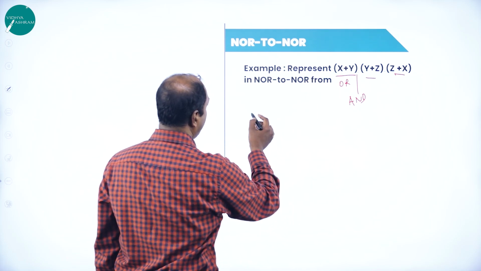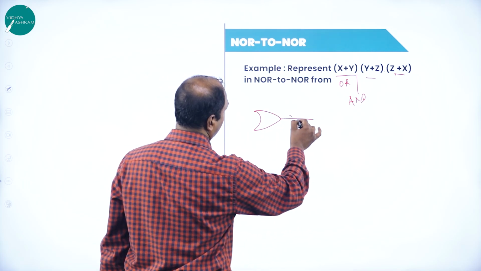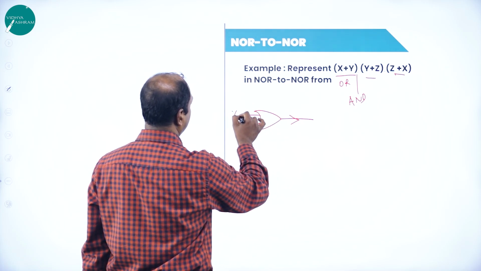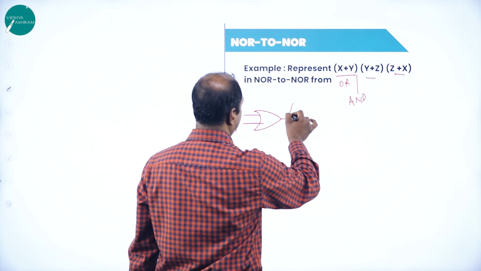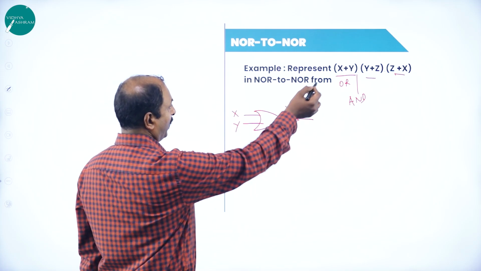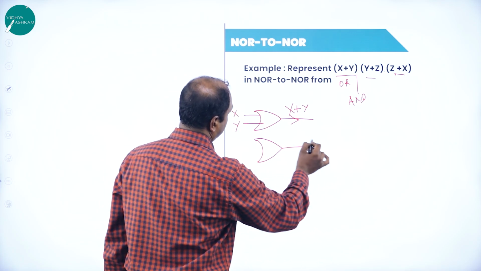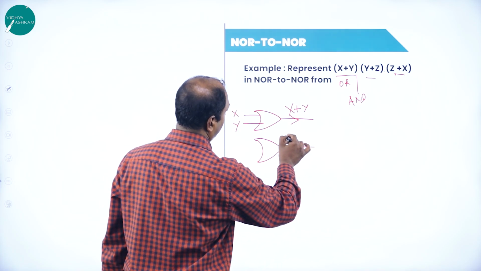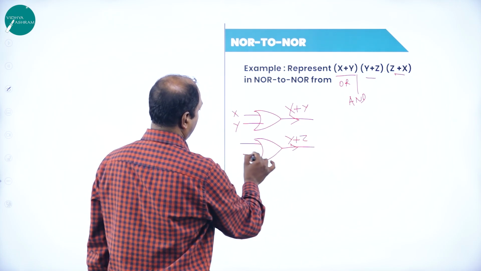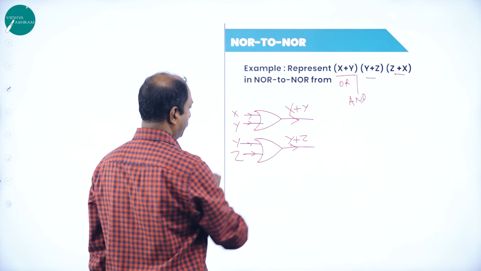The x plus y is an OR gate, with two inputs x and y. Again y plus z is one more OR gate, with y and z as the inputs.